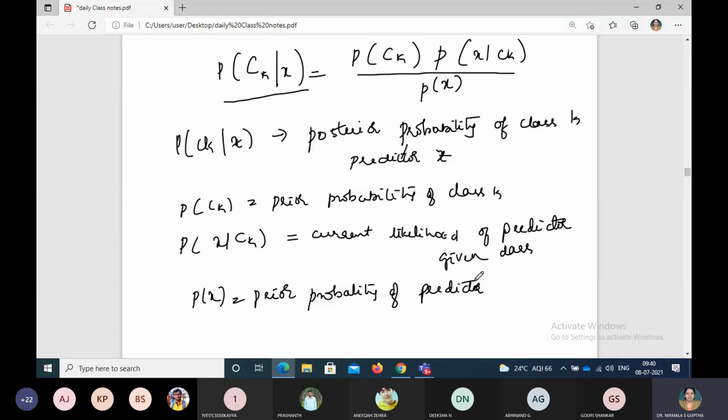So this is about the representation as an equation of the posterior probability, which is calculated as a function of the prior probabilities and the current likelihood value, which has been shown by the equation.